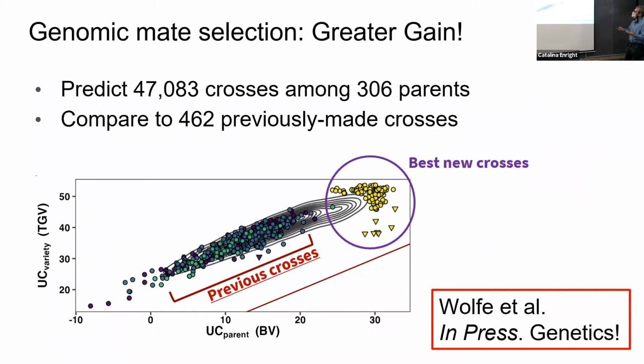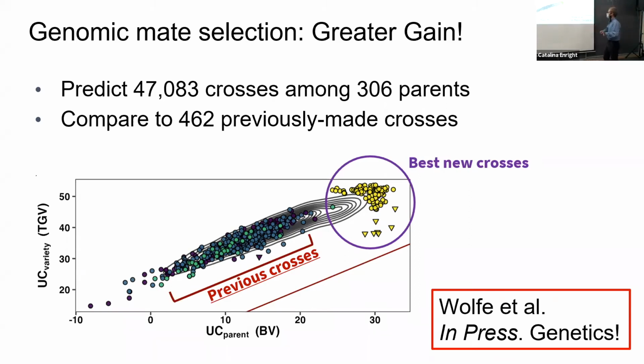And so this is a figure that shows the relationship of the usefulness for breeding value and the usefulness for total genetic value for all of these crosses. There's so many crosses that the dots would be overwhelming, so it just has a contour here. And it's contrasted to 362 crosses that have been previously made by the breeding program.